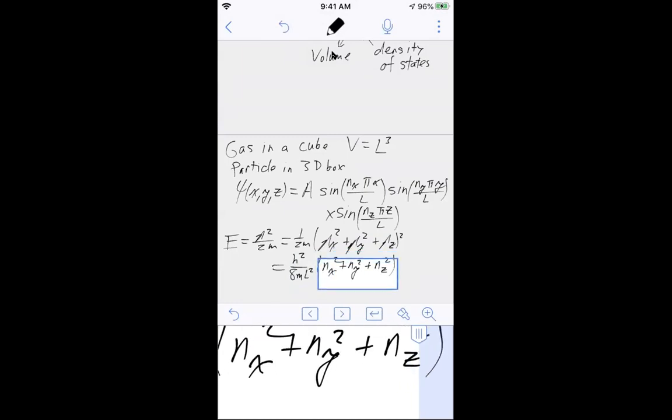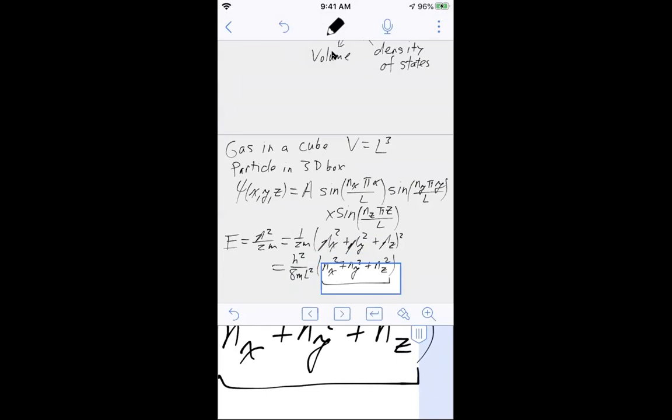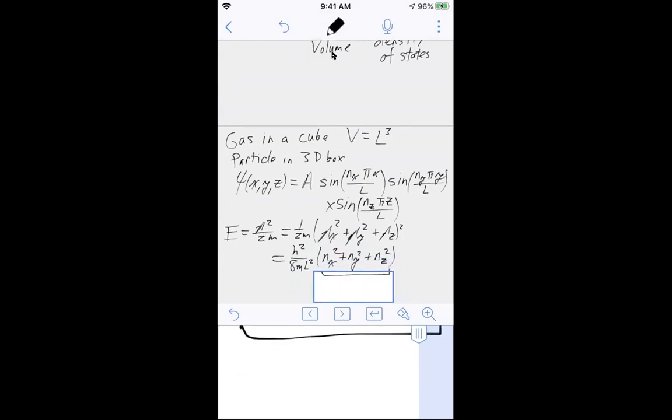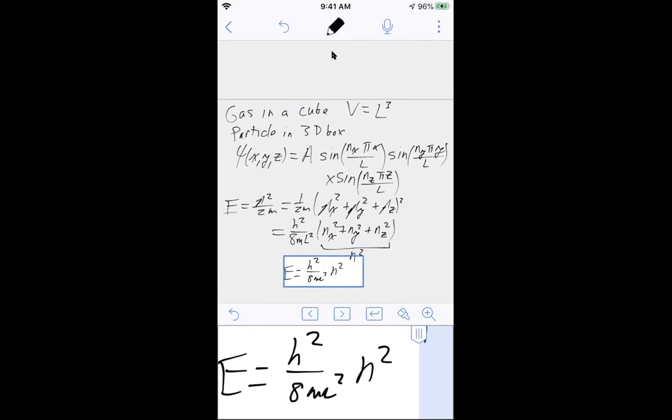We had a vector for the momentum, but we can treat these as components of a vector for number, so we can just call this n squared. That gives us energy equal to h squared over 8mL squared times n squared, which is just the particle in a box formula, I'm realizing.